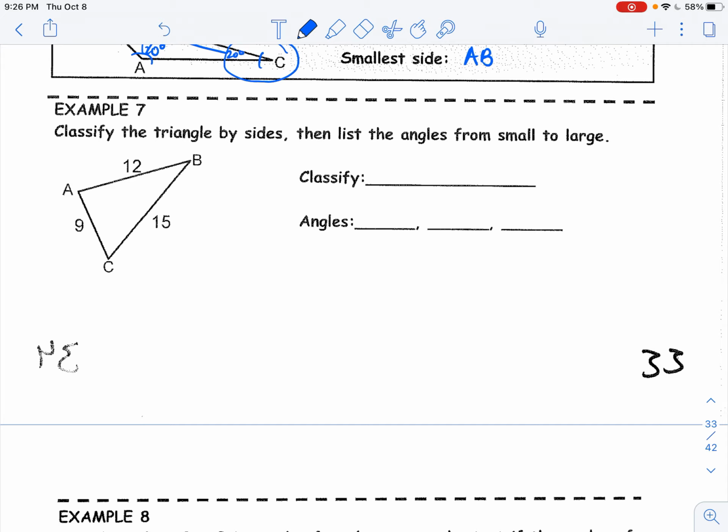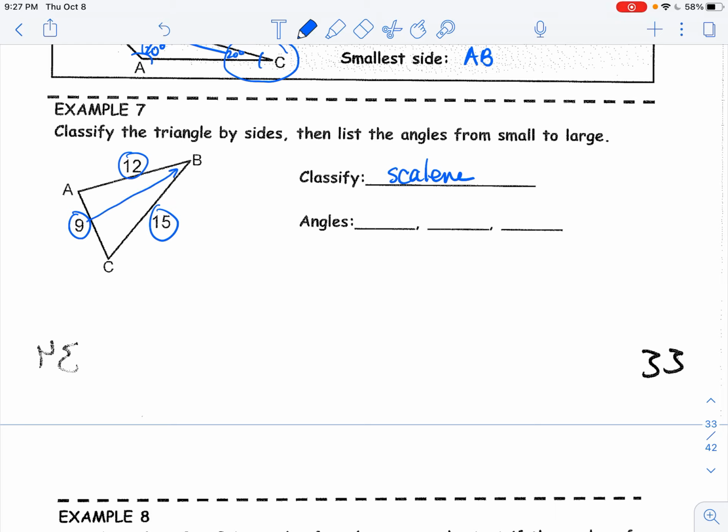Example 7 says classify the triangle by sides, then list the angles from small to large. Okay, so look at our side lengths. We have 3 different side lengths, so we know this is a scalene triangle. The smallest angle is across from the smallest side.